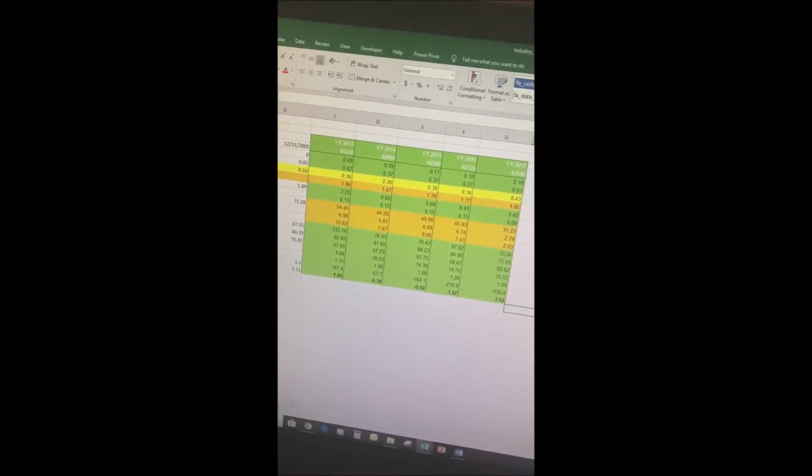Now, Spectra Energy Partners did not have the industry's best quick ratios, or current ratios for that matter, but they were the second best. This shows that Spectra Energy Partners could partially cover their current liabilities for each year.